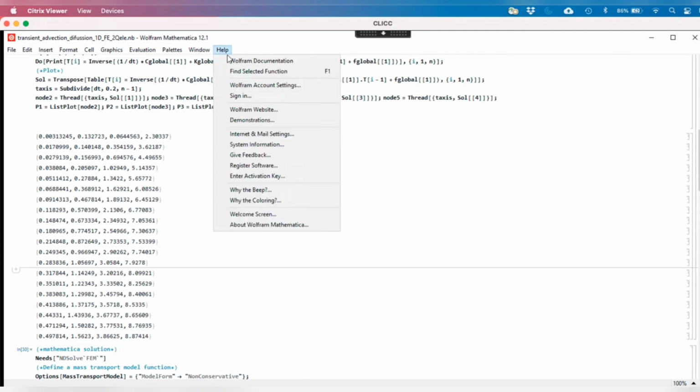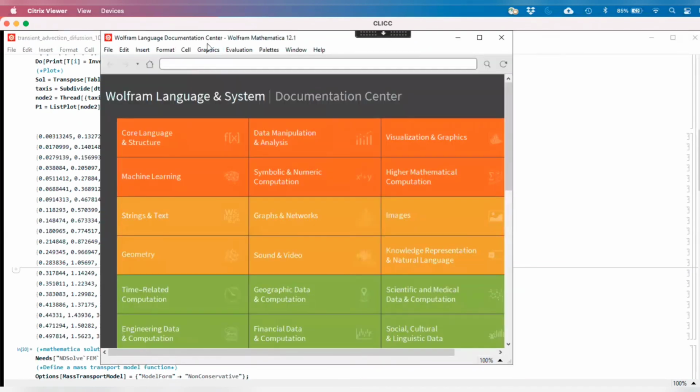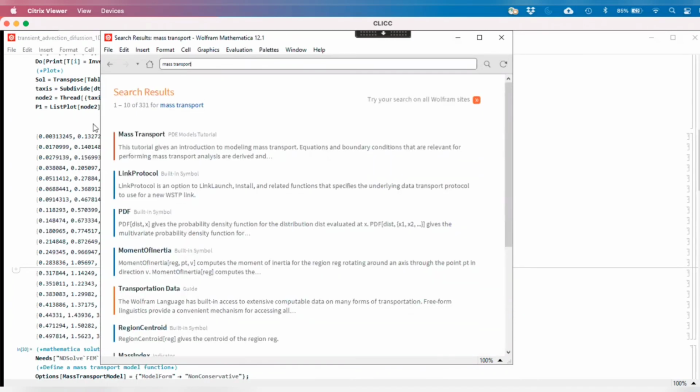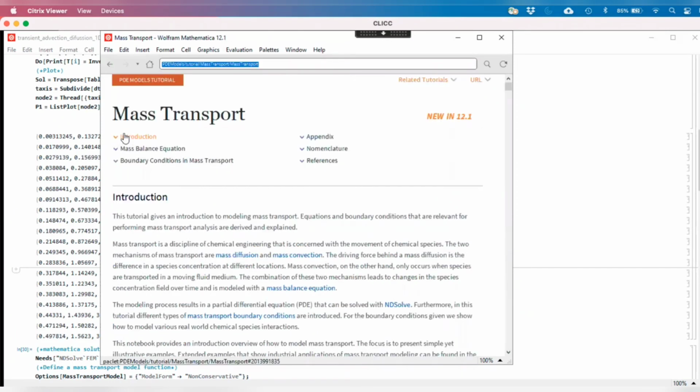So I went to Wolfram documentation. I looked for mass transport. And it helped me that Mathematica has an implementation to solve for this partial differential equation.